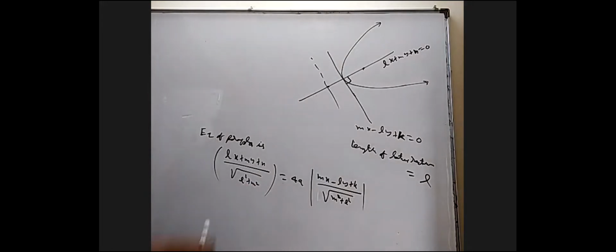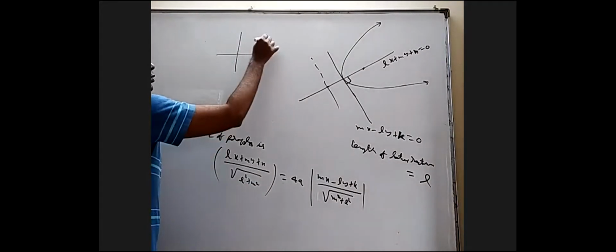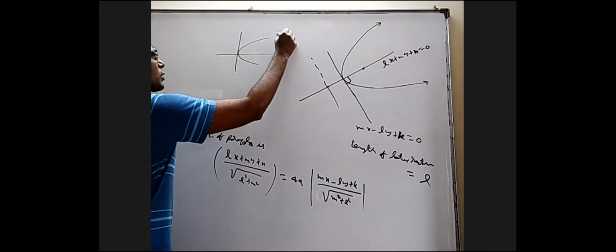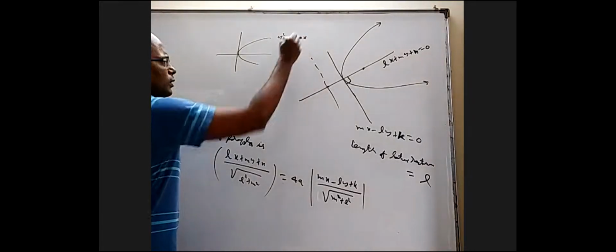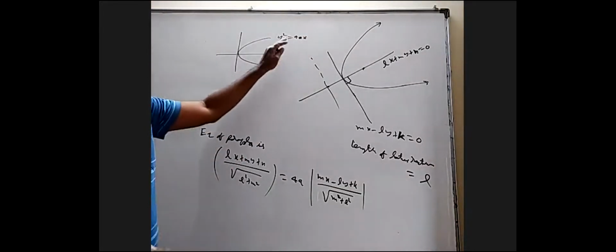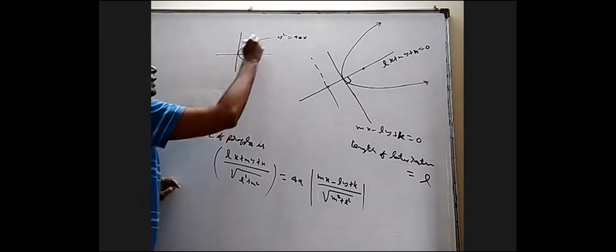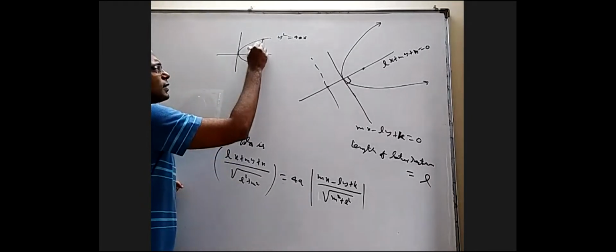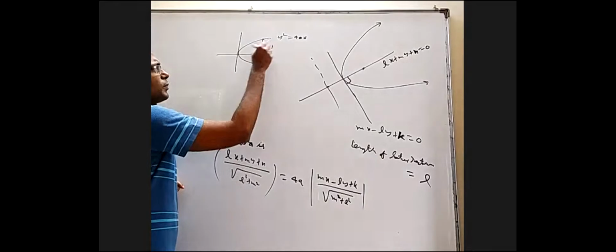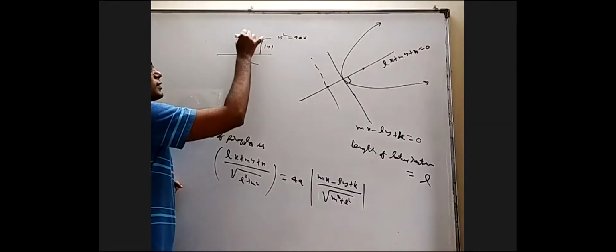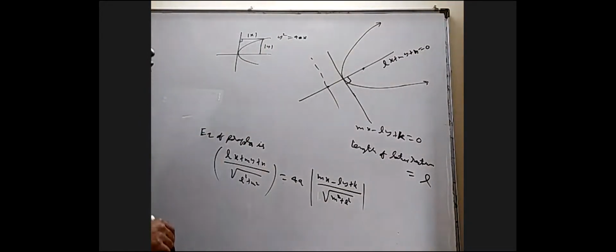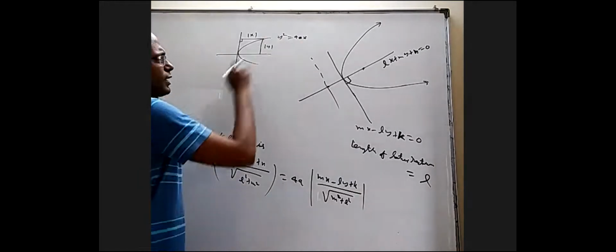How did this come? We know in a parabola, if you take y square equal to 4ax, don't worry about the original definition of parabola. Let us try to understand this equation. If you take any point on this curve, the distance to the axis is mod y, and the distance to the tangent at vertex is mod x. And what does y square equal to 4ax tell?